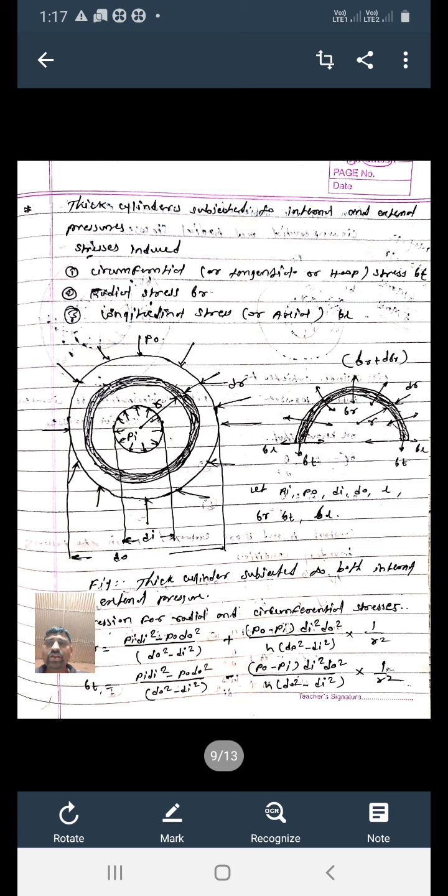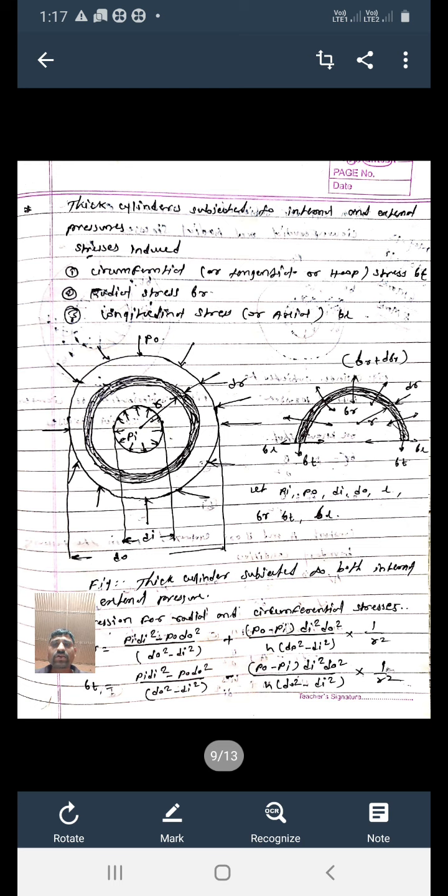I have drawn one figure. This figure shows a thick cylinder subjected to both internal as well as external pressures. In the first figure, I have shown internal as well as external pressure.